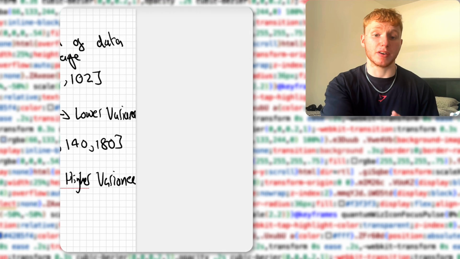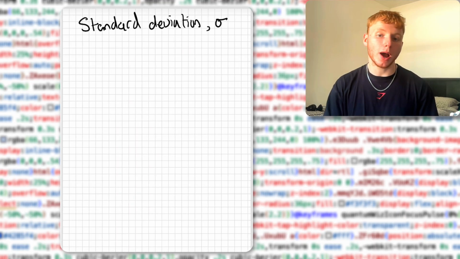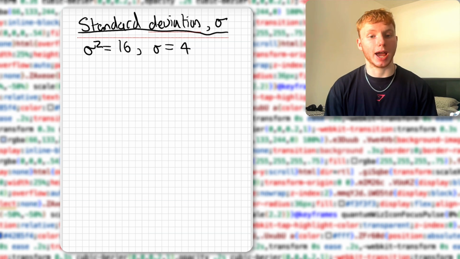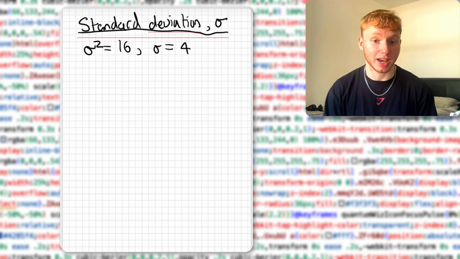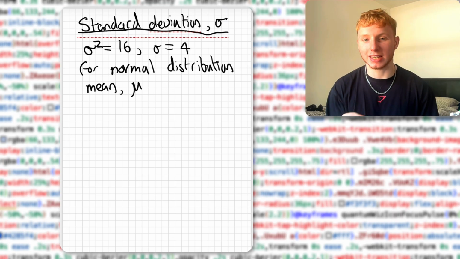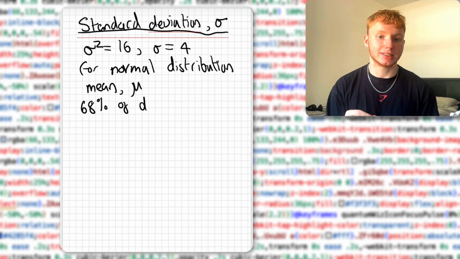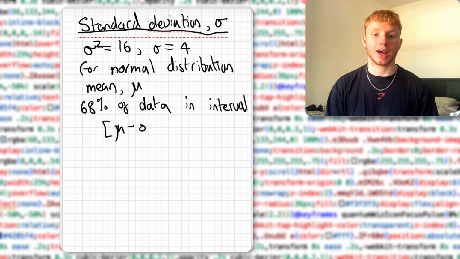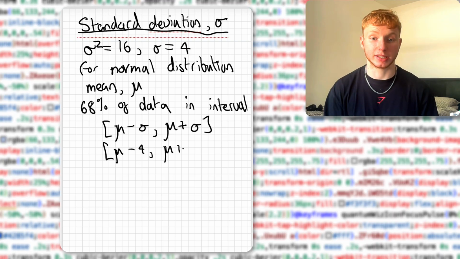What does the number from variance mean though? Well, take a variance of, say, 16, square root it, and we get 4, the standard deviation. This 4 in normal distributions has an empirical rule. 68% of the data will lie within one standard deviation of the mean. So that's plus or minus 4 in this case.